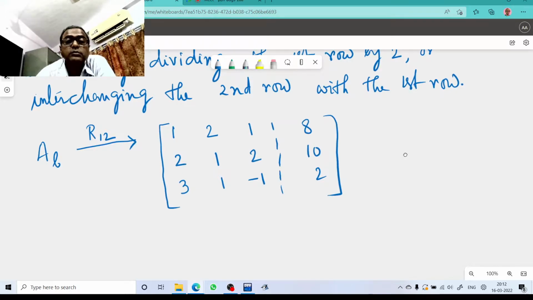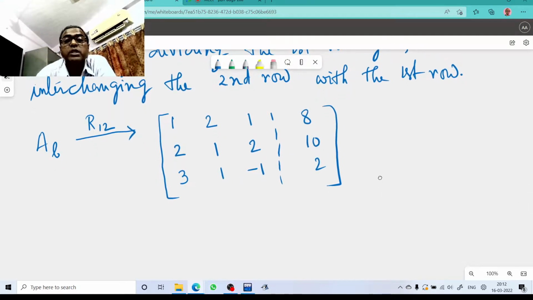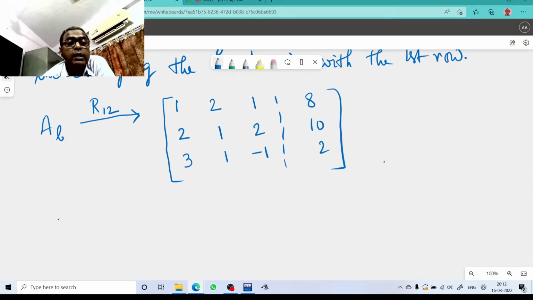Next, we want these two positions, that means the 2, 1 position and 3, 1 position, to become 0. So by elementary row operation, R2 dash, that is the new second row, equals the old second row minus 2 into R1.